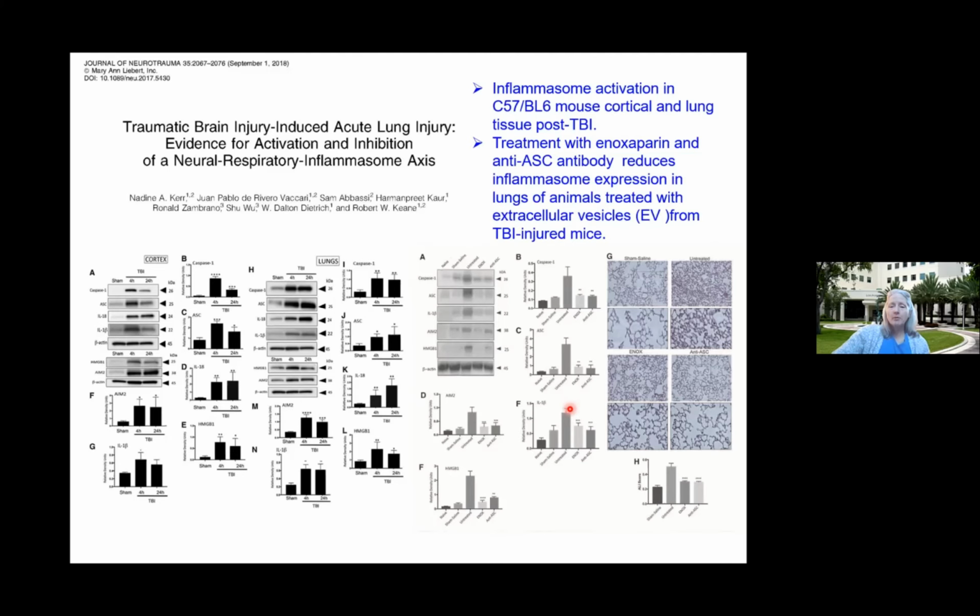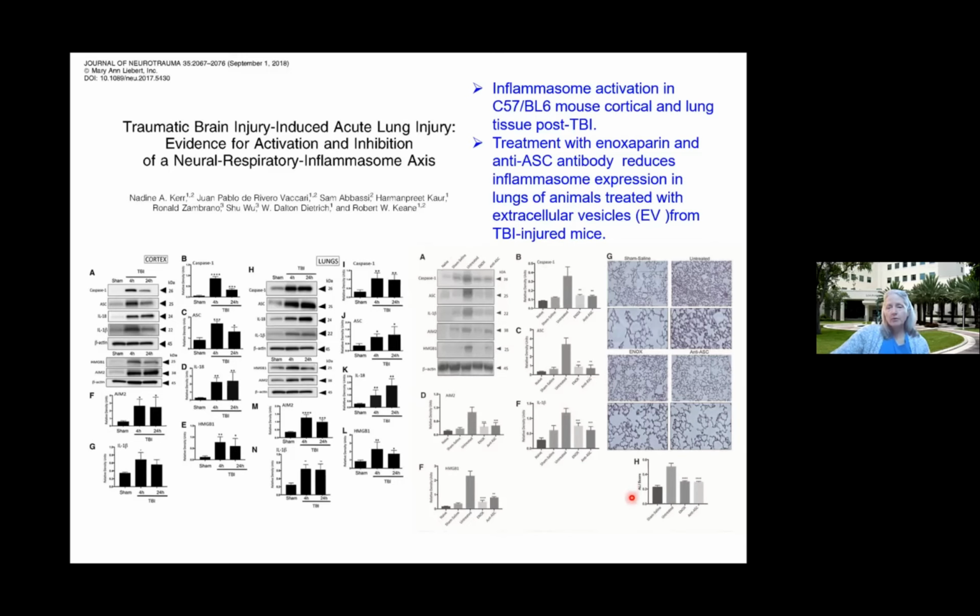And when these animals were treated with enoxaparin, which is a low molecular weight compound, as well as an anti-ASC antibody, both of which are targeting the inflammasome as well as inhibiting extracellular vesicle activity, she saw a decrease in these components of the inflammasome.